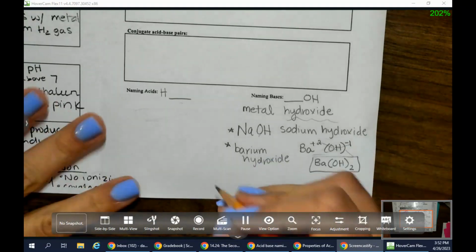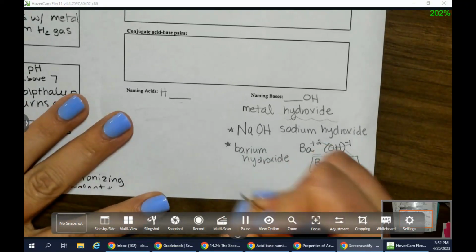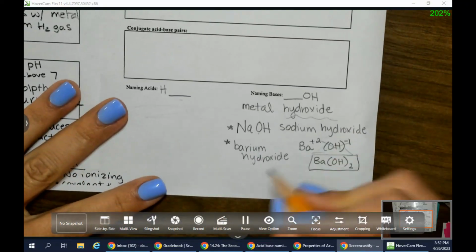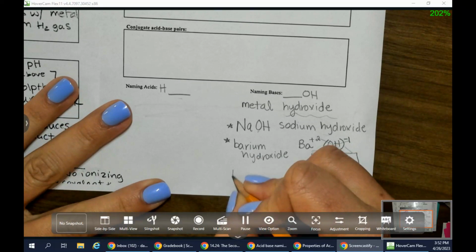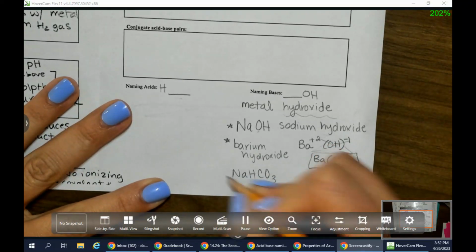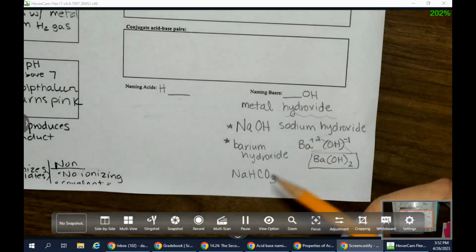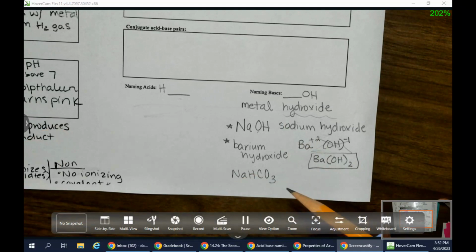The other one that I want you to have written down, I told third period this, so I just want to make sure you guys have it too. Sodium hydrogen carbonate is also a base, but it doesn't look like it, right? There is no hydroxide. Carbonates tend to be your bases. You really won't deal with that too often, except this one is at all of your lab stations.